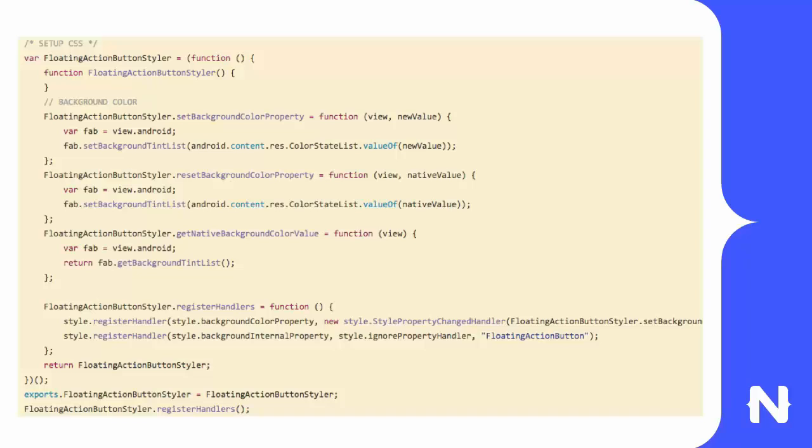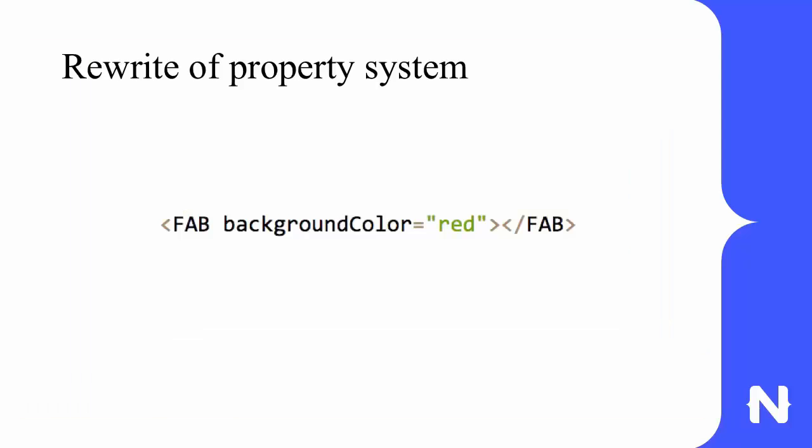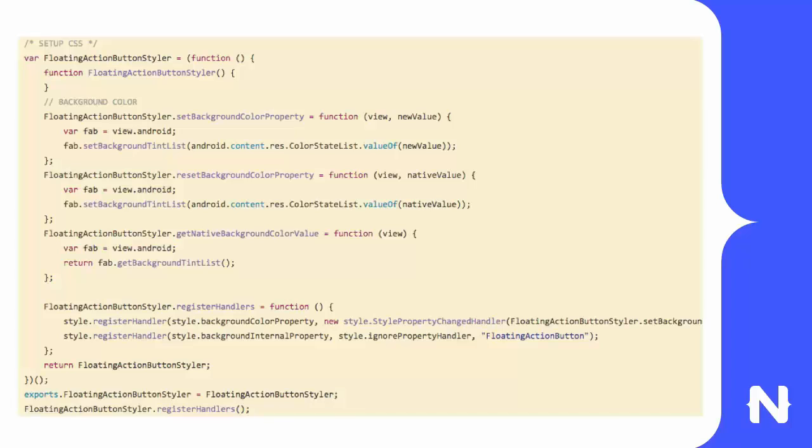Now, the code under the hood to actually implement this wasn't as easy as you might like it to be. With 2.5, it could be fairly verbose, especially when you get down to the register handlers portion, about 2/3 down, where you have to deal with things like a style property changed handler and all these verbose things that you probably don't really want to deal with. I mean, when you go back to the markup, this is really a fairly simple control. So with 3.0, we've simplified that process considerably.